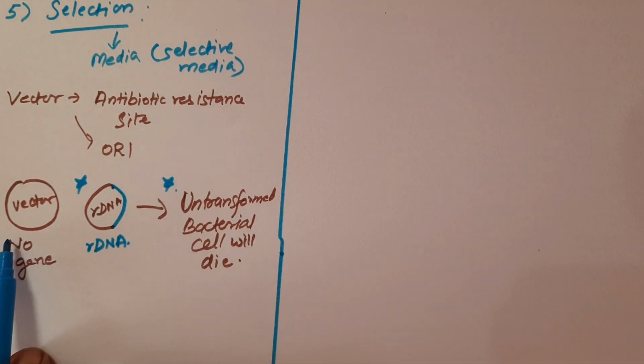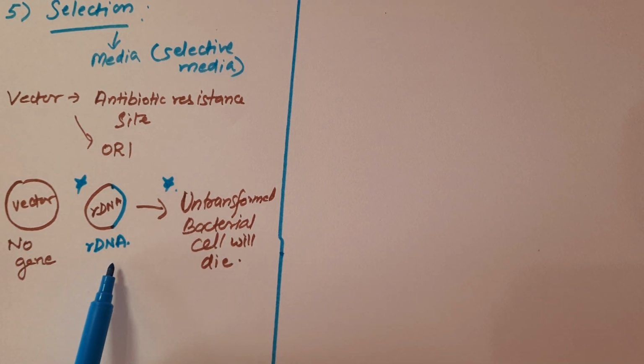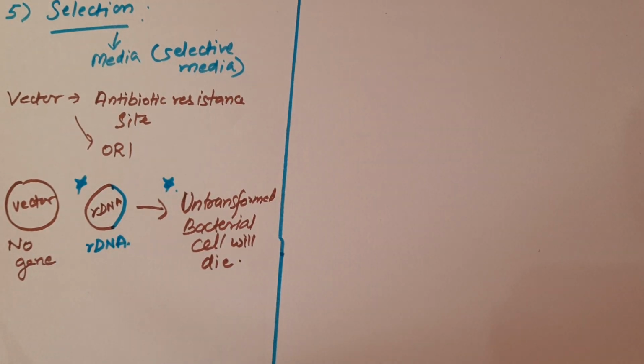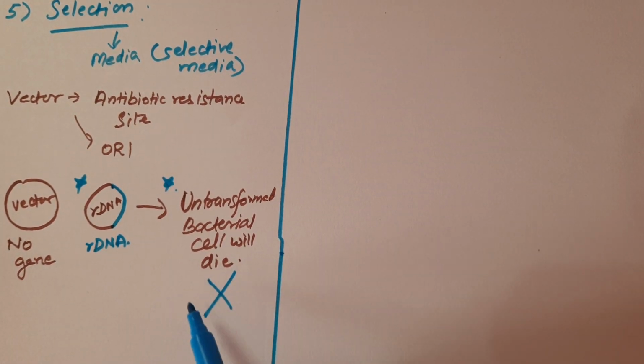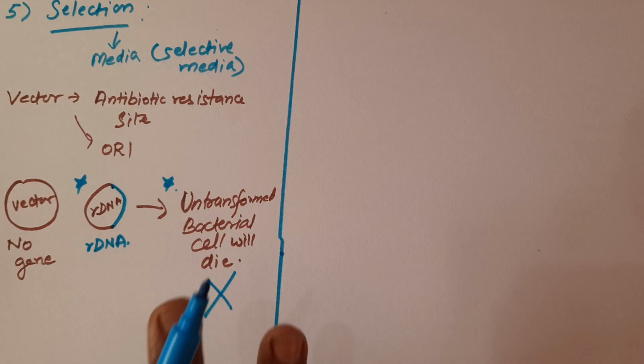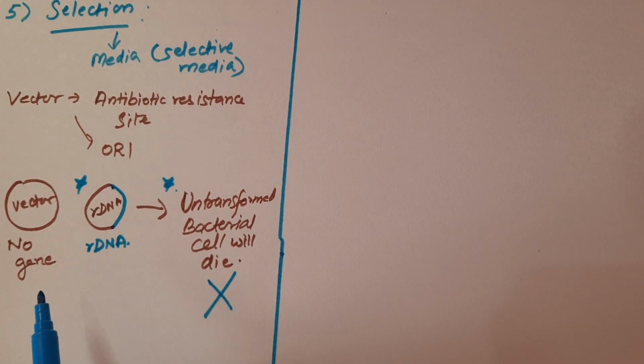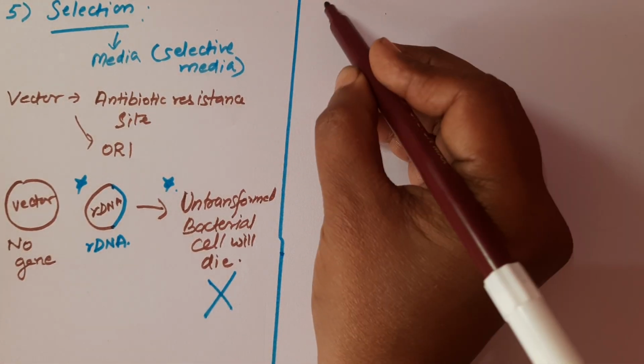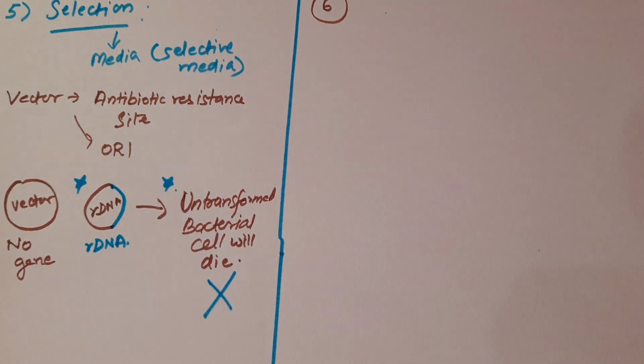First, cells that have the vector only, then a few with recombinant DNA, and then untransformed cells. When we plate them onto the selecting media, the untransformed bacteria will die because they do not have any antibiotic resistance. However, these two will survive. Why? Because the vector itself has the backbone, and the backbone contains the antibiotic resistance.